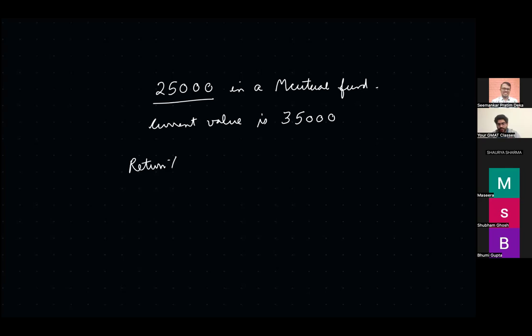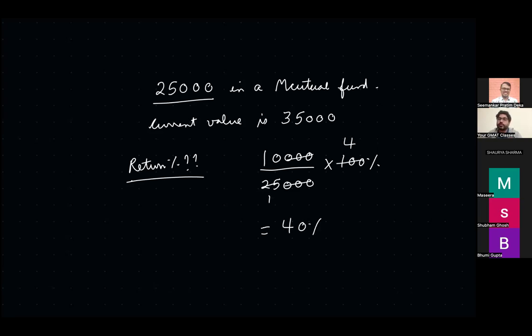What is my return percent? So return percent: change is 10,000 upon initial. Initial money was 25,000 into 100%. The 0s cancel. This is 4, this is 1, so 40%. For every 100 rupees that I have invested, I have gotten back 40. I'm reiterating, this and this are same to same. No difference whatsoever.